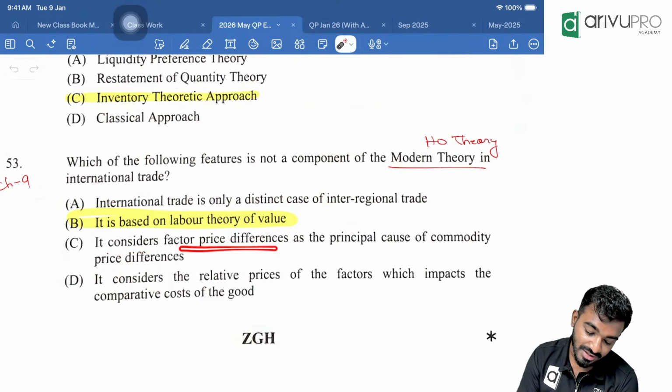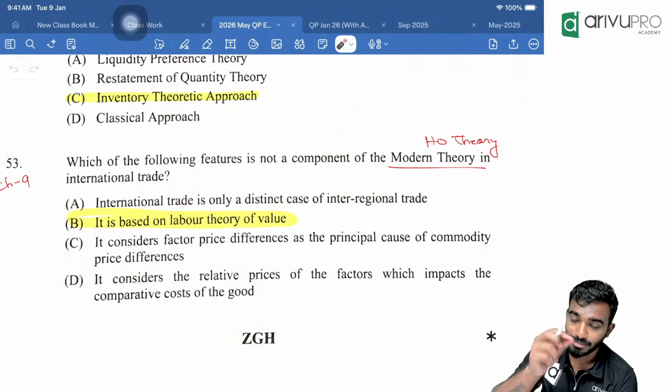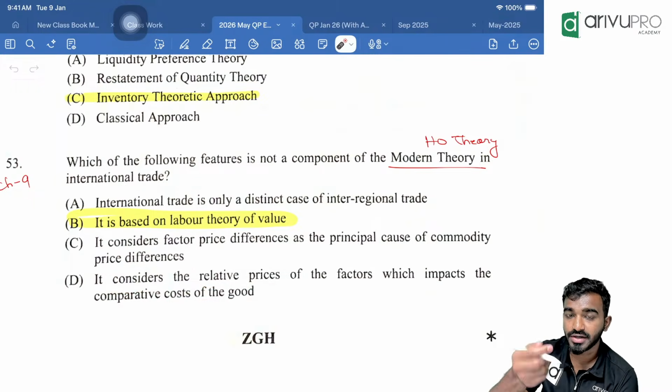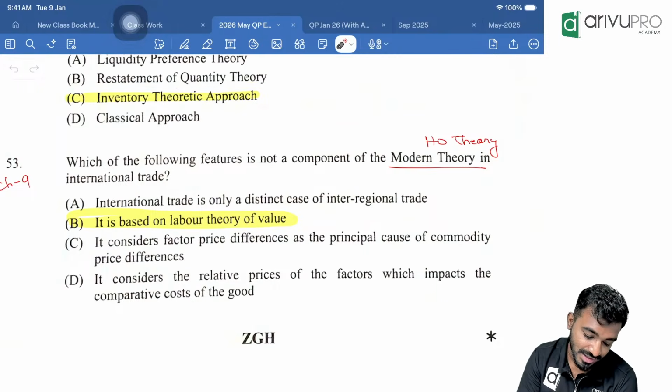It considers factor price differences as the principal cause of commodity price differences between two countries, that is capital and labor. It considers the relative prices of factors which impact the comparative cost of goods and production cost between the two countries because of the cost of labor and capital. Yes, it is based on labor theory. No, labor and capital both, not just labor.